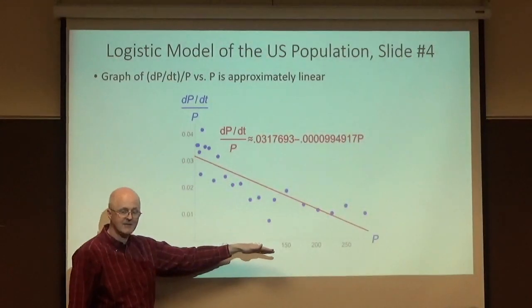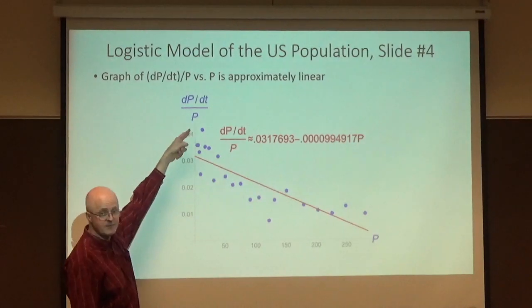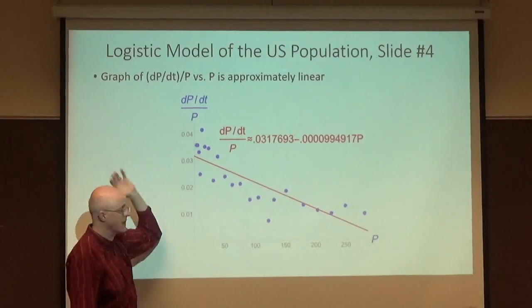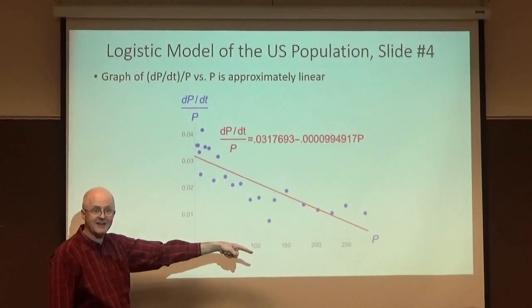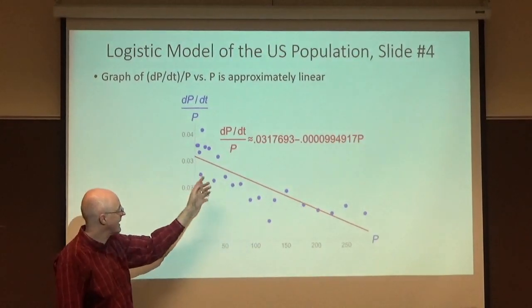Here's the graph I got when I plotted those data points. These blue dots are the data points from the previous slide. Horizontal axis is p, vertical axis is dp dt over p. I just plotted the points, that's all I did. Then I added a regression line, a straight line, this red line that follows the trend.